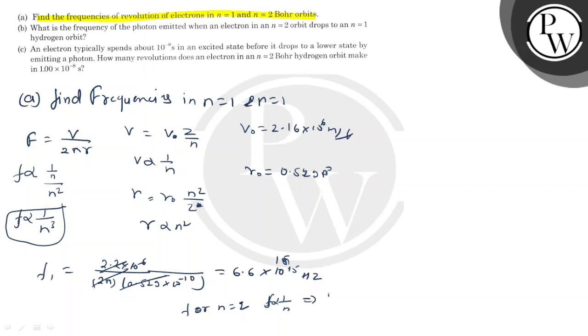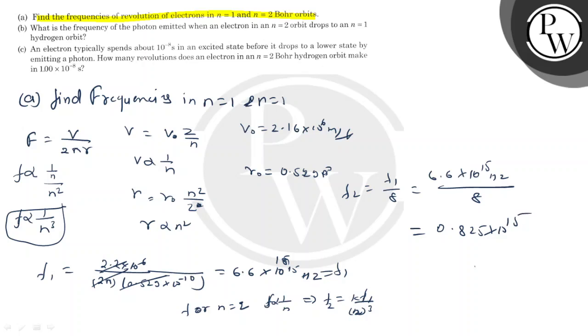So f2 equals f1 by 8, that is 6.6 into 10 to the power 15 hertz by 8, which is 0.825 into 10 to the power 15, that is 8.25 into 10 to the power 14 hertz. This is the answer of the first part.